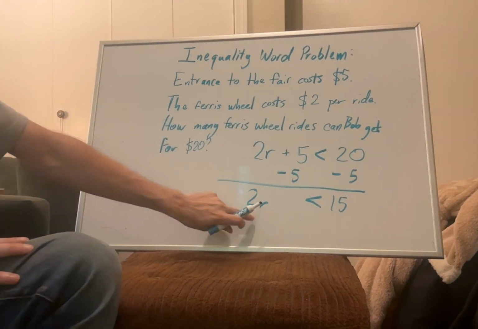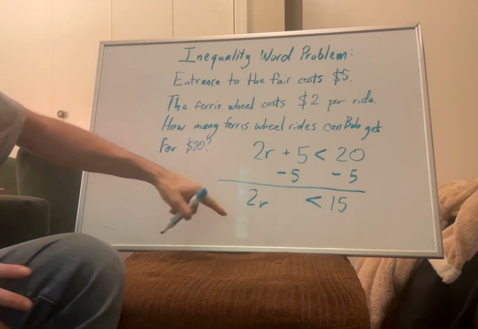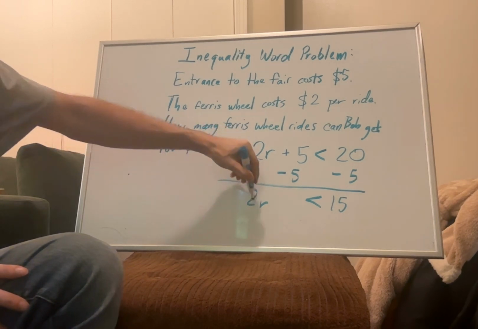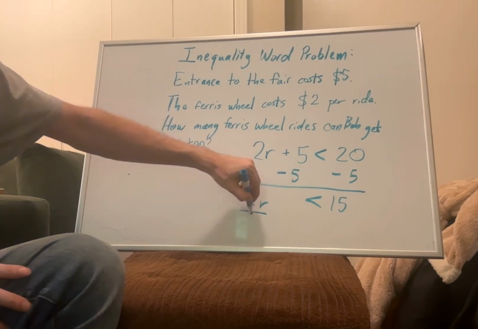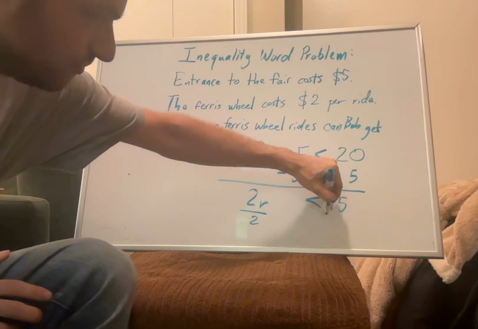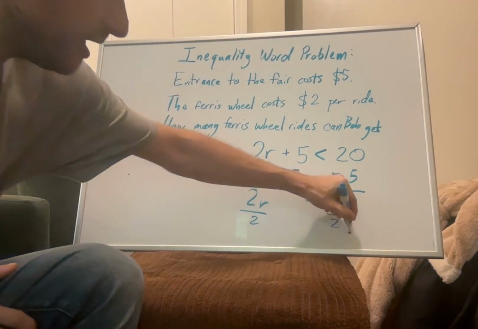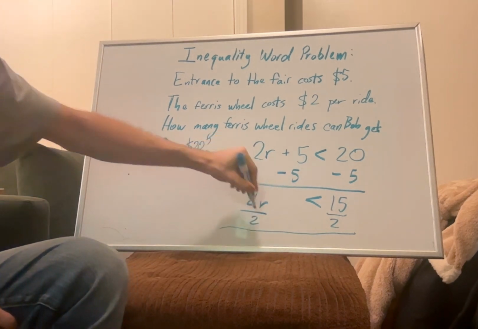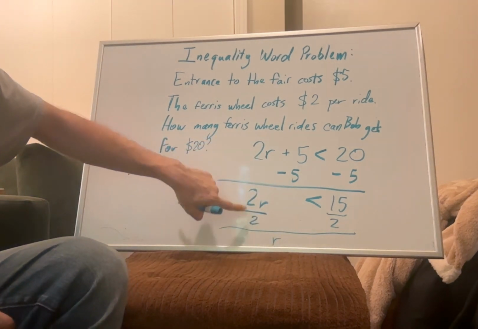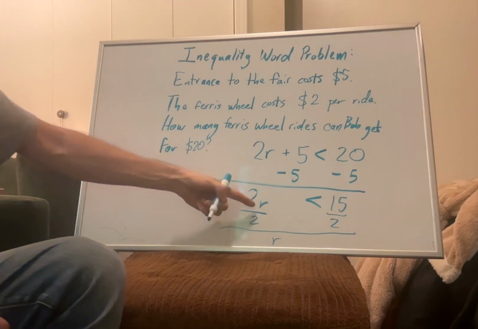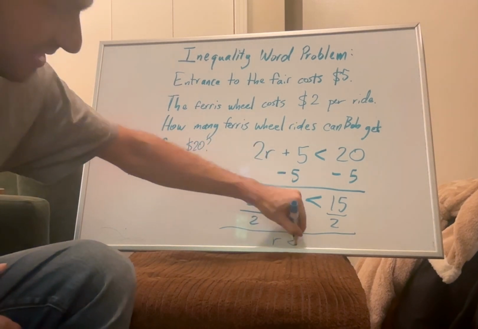And lastly, if we want to isolate for the variable r, we want to think about undoing this multiplying by 2, and the opposite of multiplying is dividing. So we will divide both sides by 2. And that will leave us with r, since 2 divided by 2 is 1, so 1r, or r, is less than or equal to.